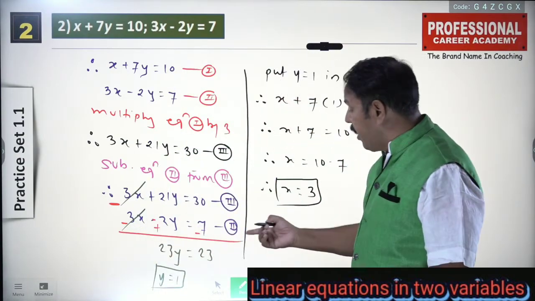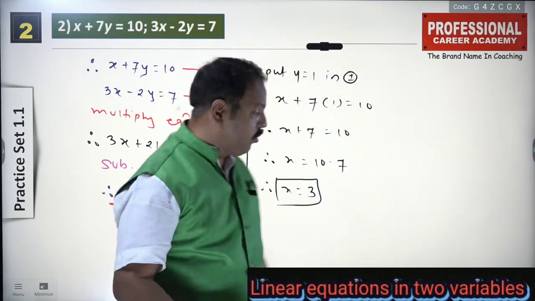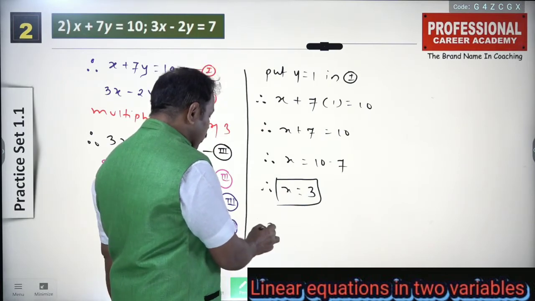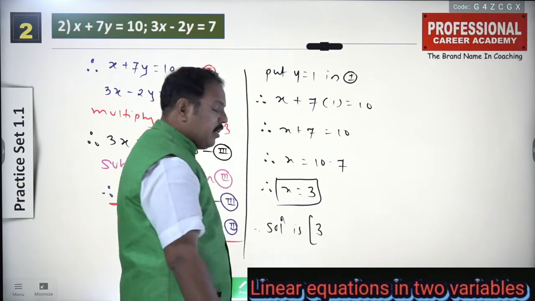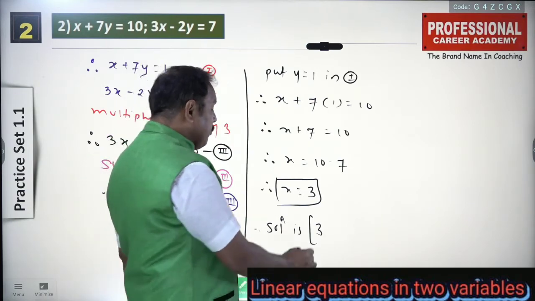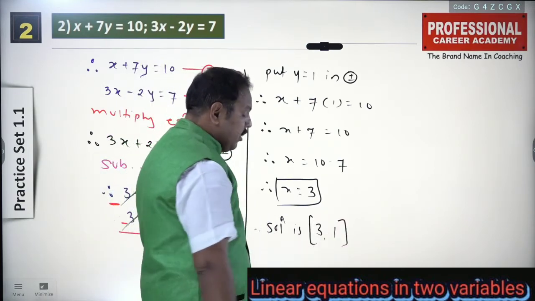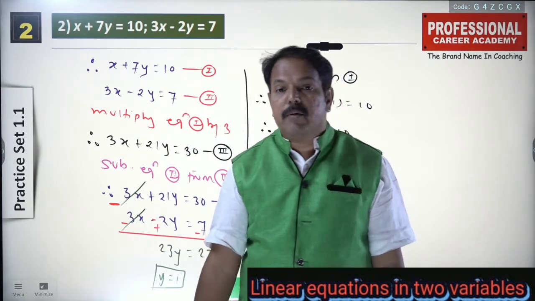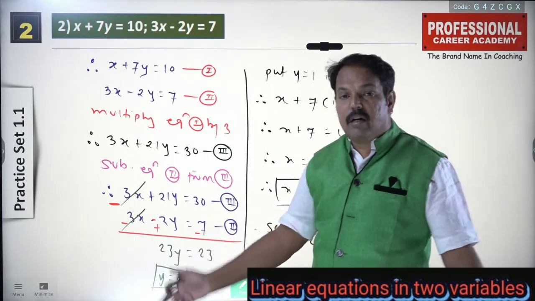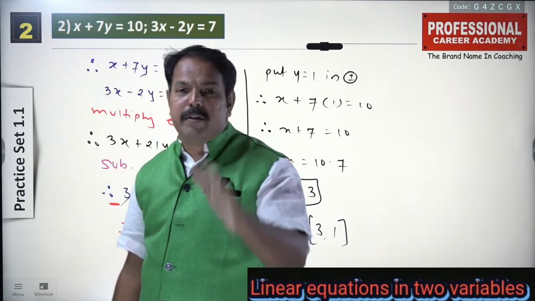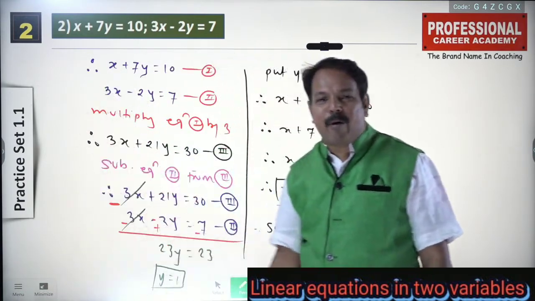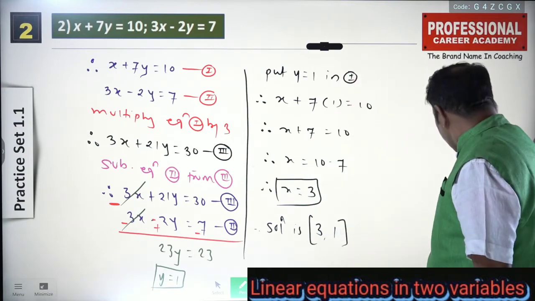What is x? x equal to 3 and what is y? y is equal to 1. So therefore the solution is, first write the value of x, then y. This is the solution of given simultaneous equation. Any doubt? So simple. Once you equate the coefficient, you can directly eliminate it from that equation.